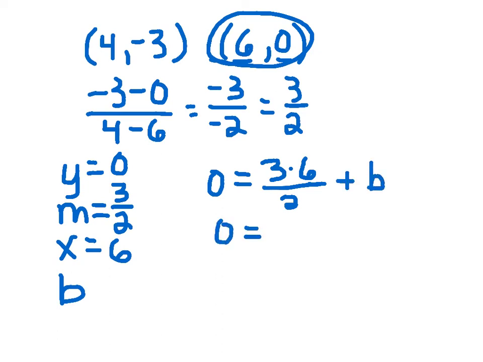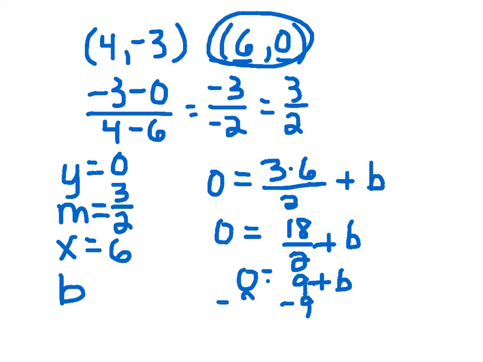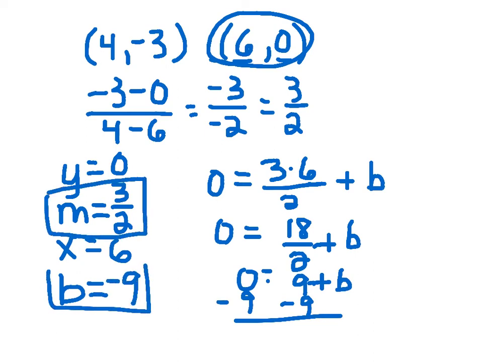So 0 is equal to 18 divided by 2 plus b, or 9 plus b. So b is equal to negative 9. Going back to my general form of the equation, I have y equals 3/2 x minus 9.